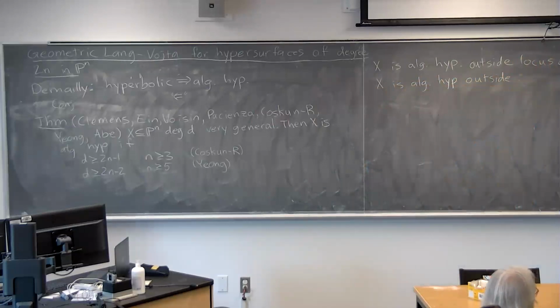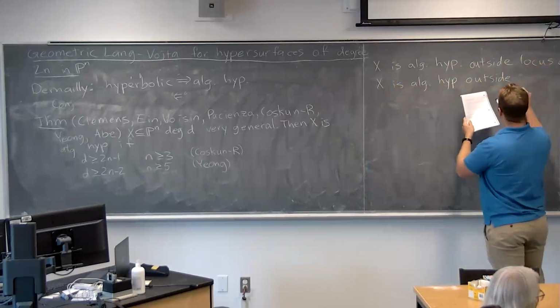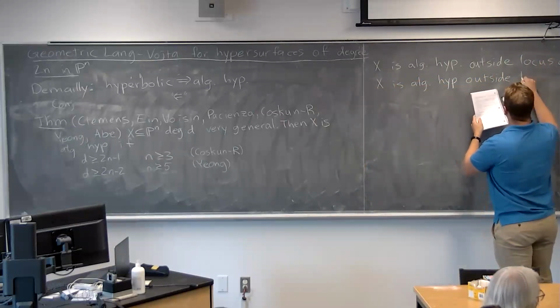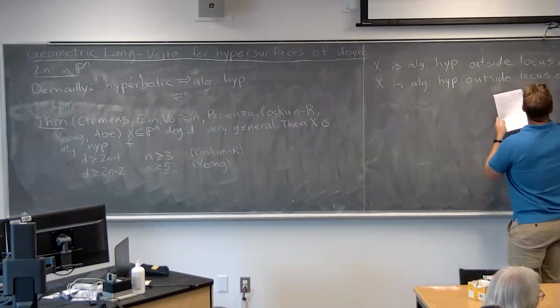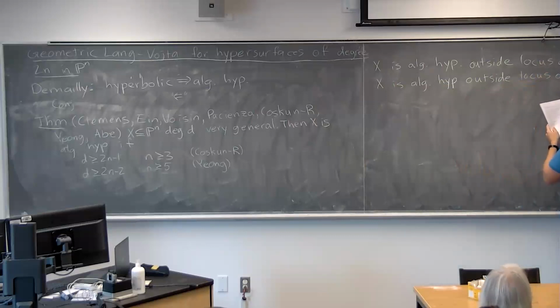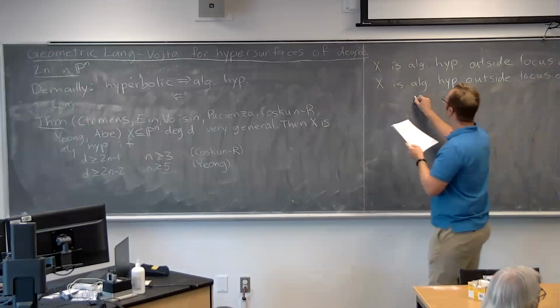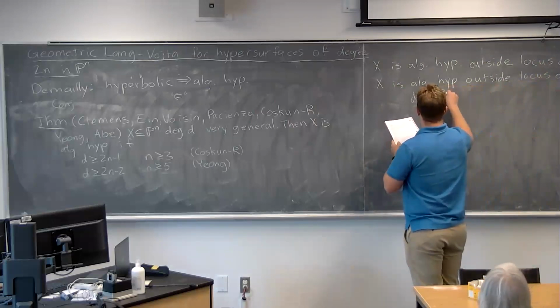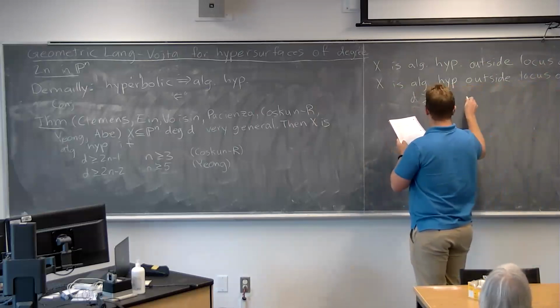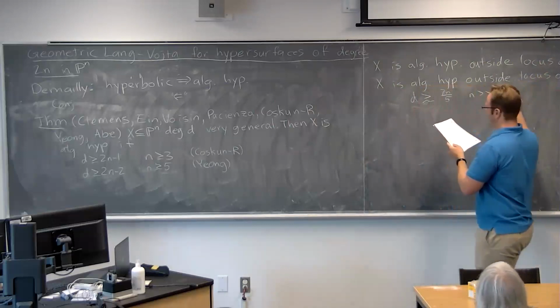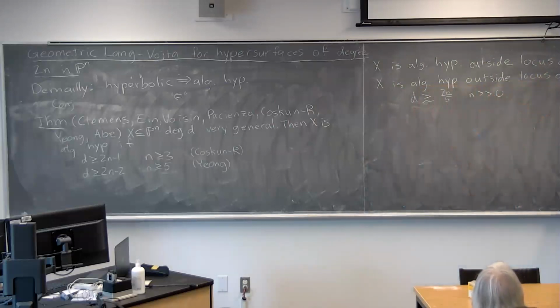It could be plus 2 or plus 3. But X is algebraically hyperbolic outside the locus of lines and conics if D is at least like 7n over 5, something like that, and n is large enough. That was Abe's result, and I forget when it appeared, but this year or maybe last year. So very recent.